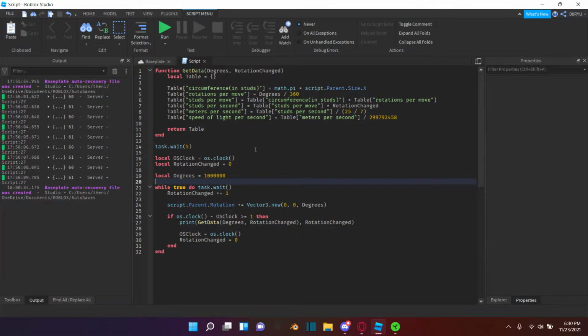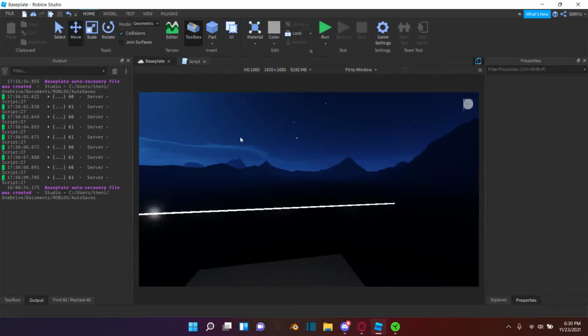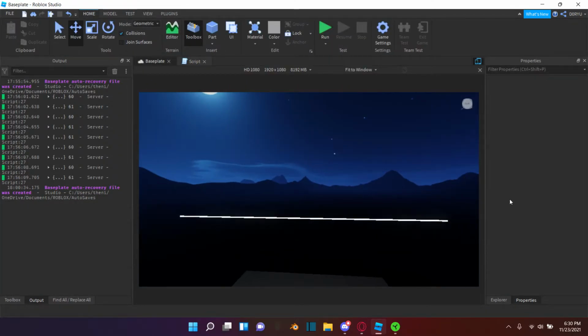So let's get data. That's how we figure out the speed of light per second, right? Or like how fast is it compared to the speed of light? Like, is it 1.1 times the speed of light or whatever? So this is how I figure out everything. We have the circumference, which is when it spins, how big the circle is.